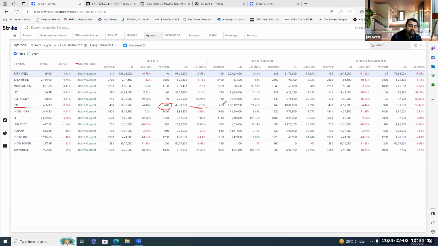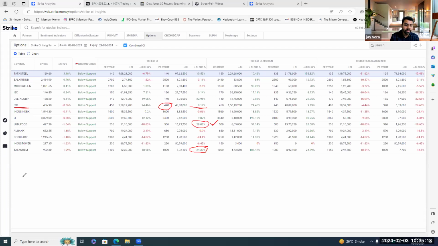So like I said, a single digit is not a great signal. But something like Tata Chem has 24% higher. In Jubilant Food, the open interest was higher maybe because there was a result or something. So during result time, these sort of cases can happen.